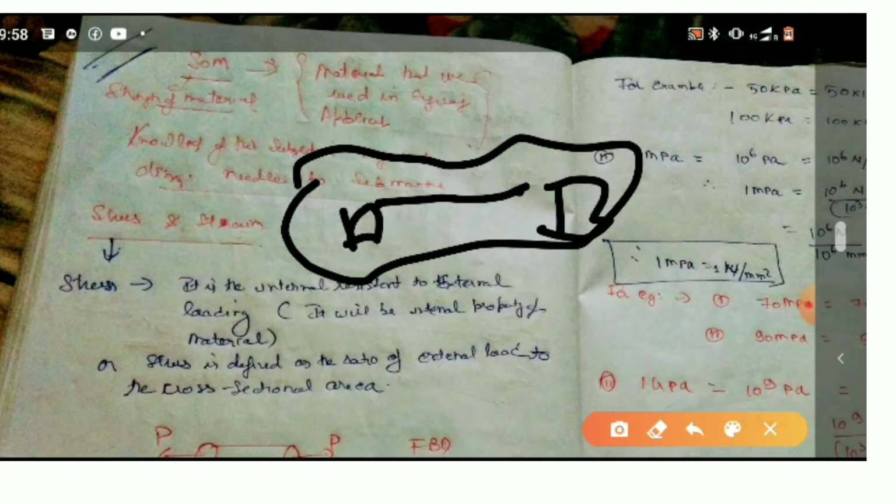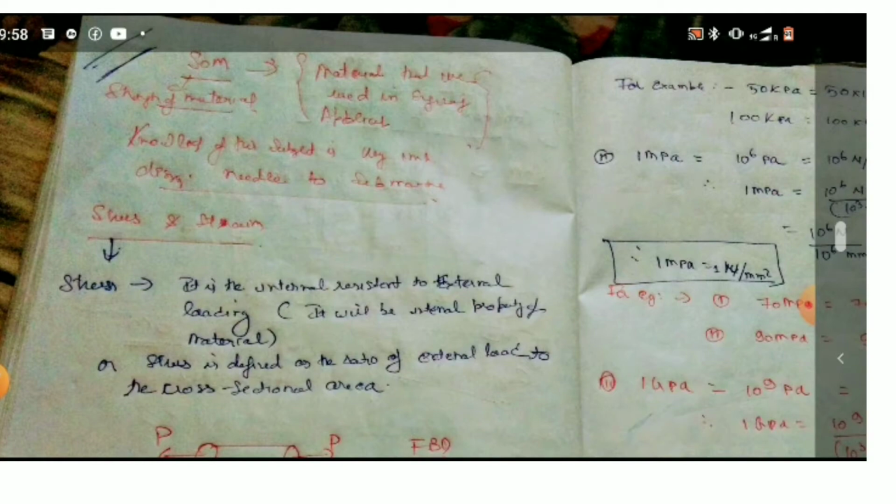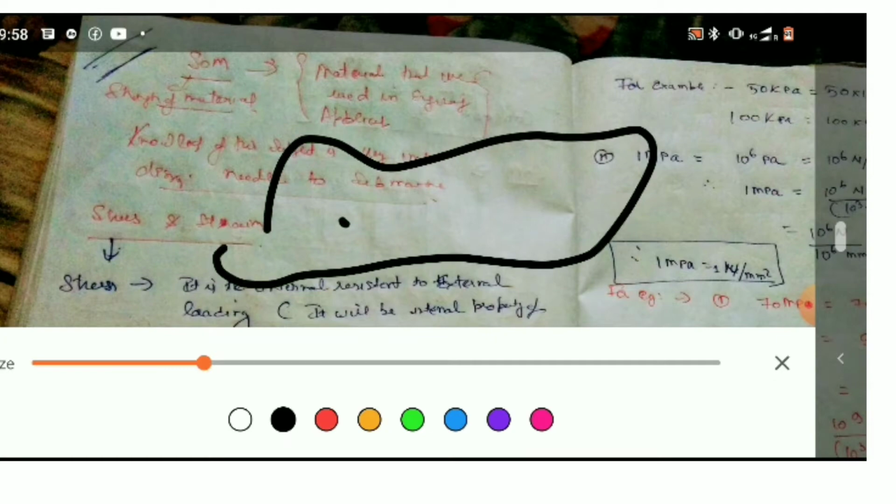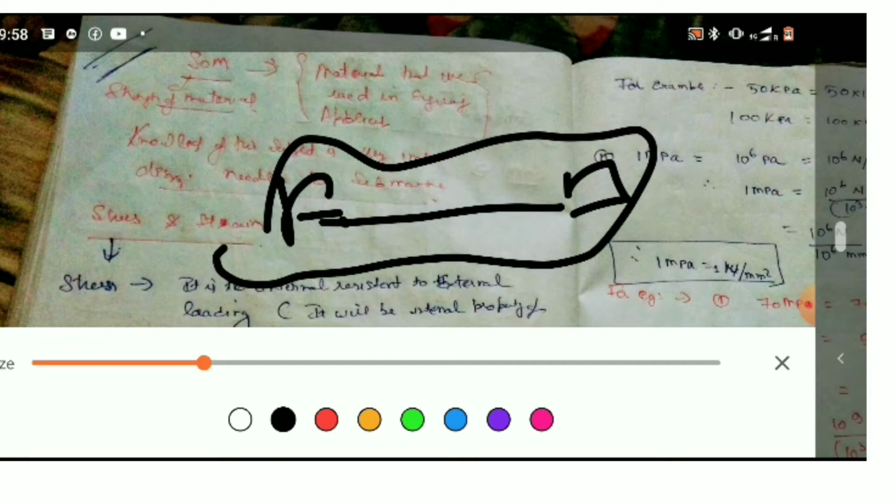Similarly, the opposite is a deformable body. In a deformable body, the distance between the two points A and B changes when an external force is applied. So first you have to have a very clear concept of what is a rigid body and what is a deformable body.